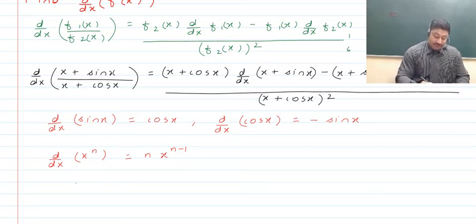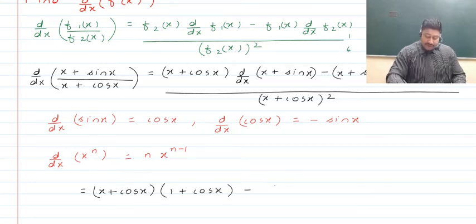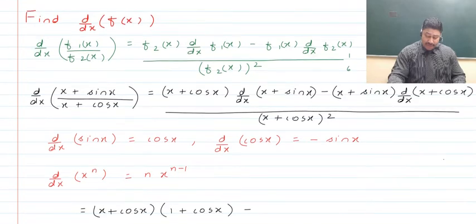So as such, here we write the derivative as x plus cos x, which will remain as it is, multiplied outside, and then inside, the derivative of x will become equal to 1, and that of sine x will become equal to cos x. Further, we have to copy x plus sine x, which we will copy obediently.